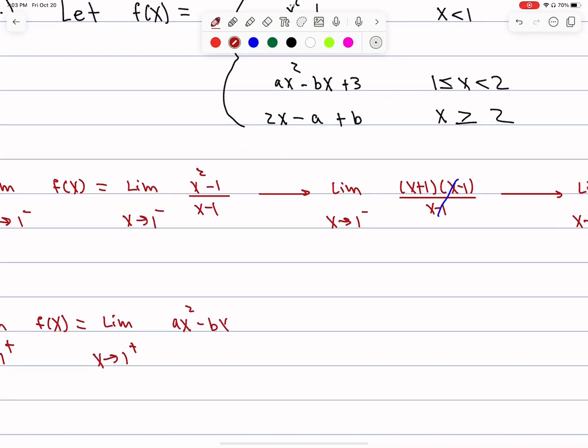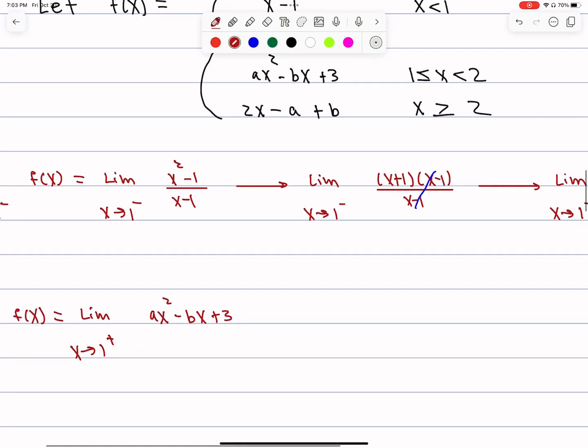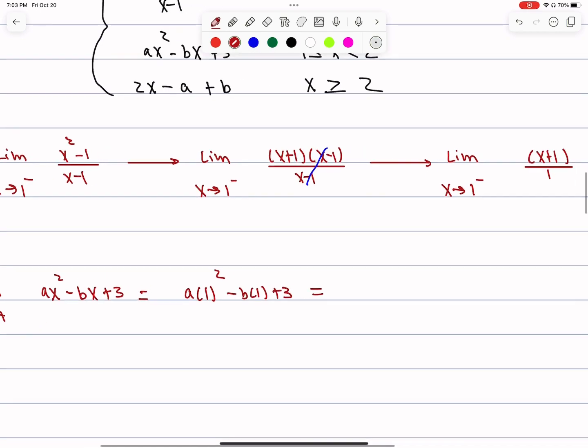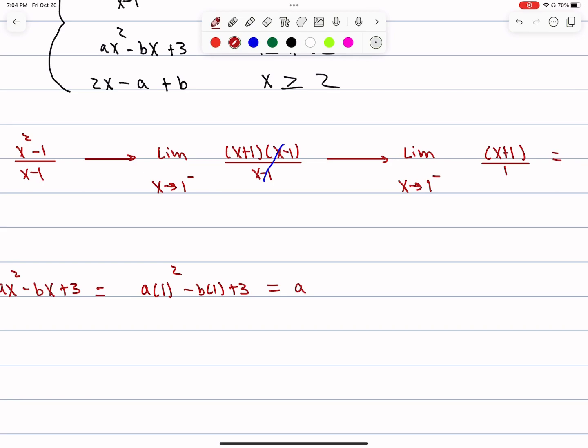So we get ax squared minus bx plus 3. And then since there are no restrictions to this either, we can just immediately evaluate the limit. So basically what you have to do is just plug in 1 to the x's, as shown, plus 3. And that's simply going to give you a minus b plus 3.